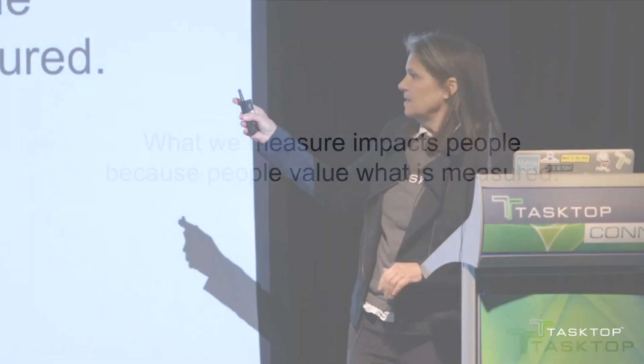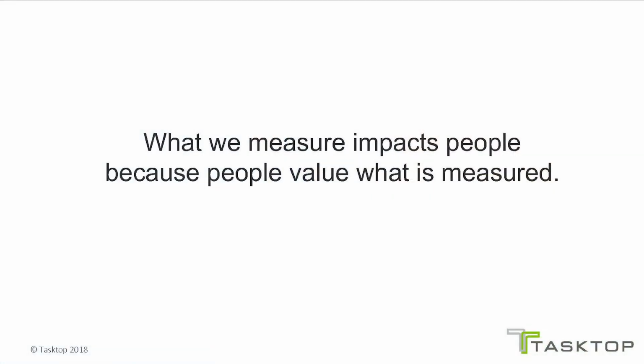Okay, well, what about holidays? What about sick time? Well, let's just measure the actual hours that we work. You just go down a rat hole with that. So when you're implementing some of these metrics, consider how people might game them based on how they're being measured, because what we measure impacts people, because people value what's measured.